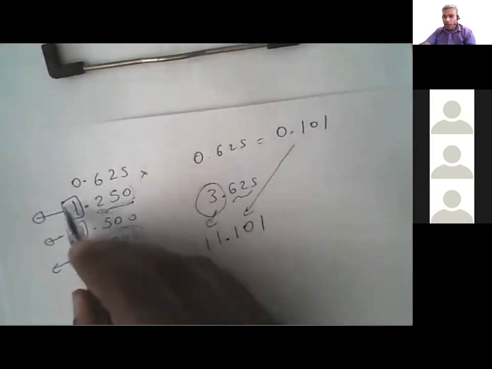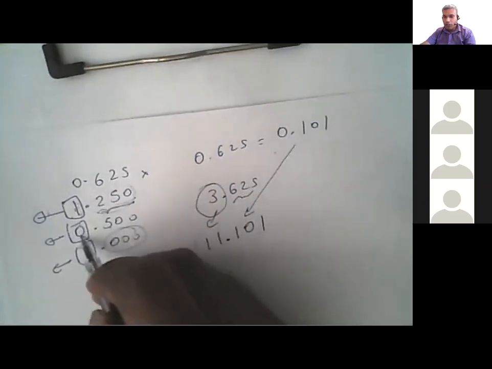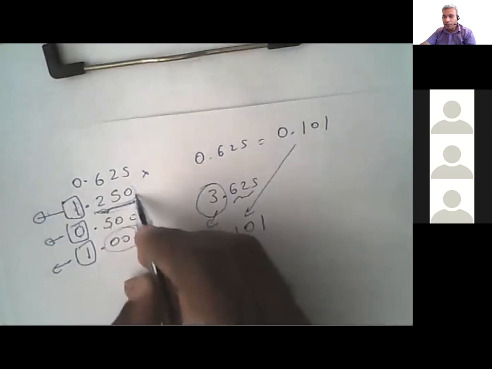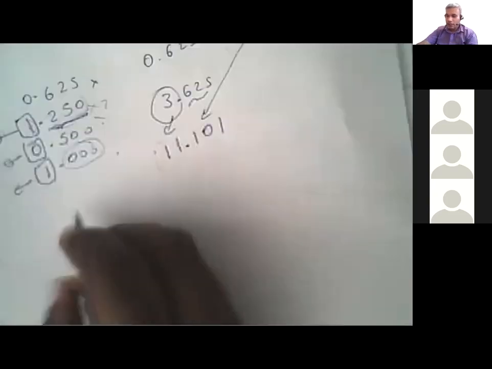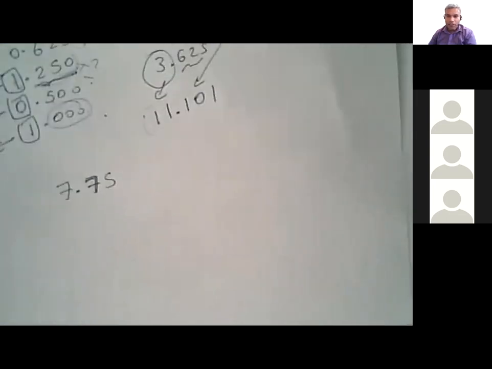And every time you get a whole number, you put a 1 in the bit. Every time you get a 0, you put a 0 here. But remember, you are only multiplying the fractional part by 2 every time. Okay, got the idea? Can you do this one? 7.75. And let me know the answer.